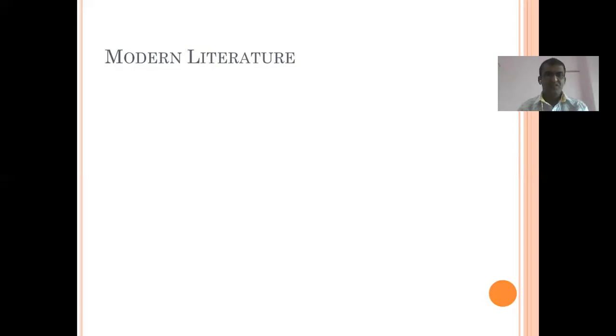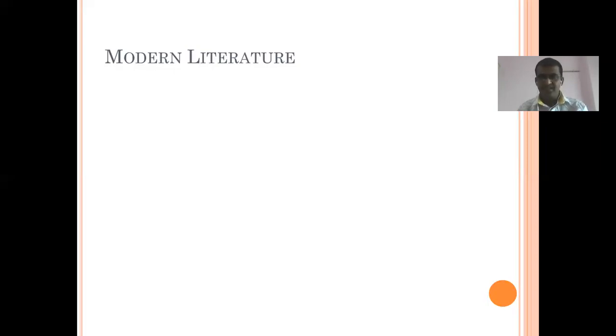That is why it's a progressive term. So given this description that I have just mentioned, it is essential for the students to learn and to understand the term modern literature.